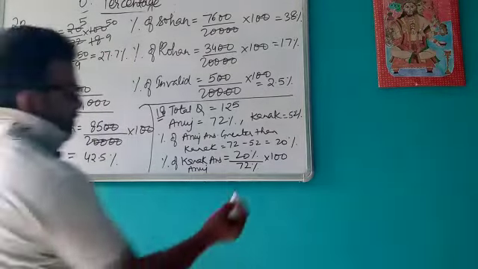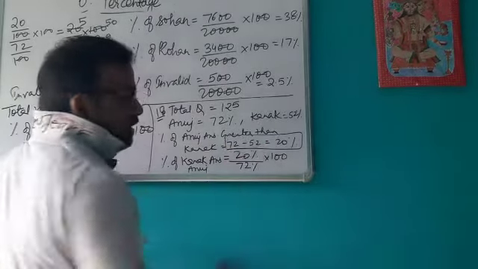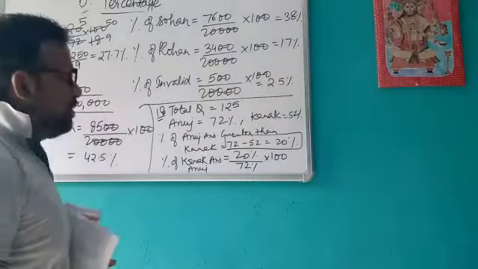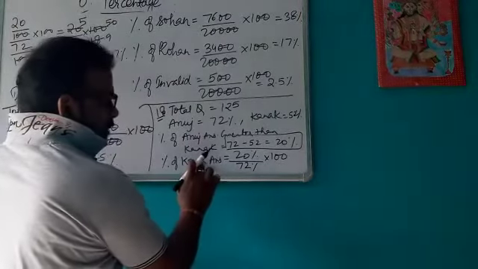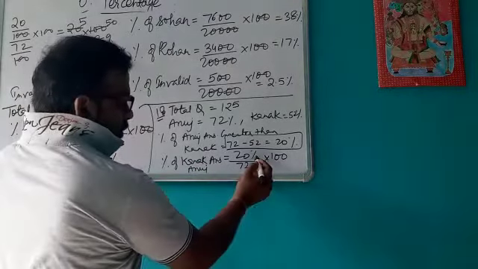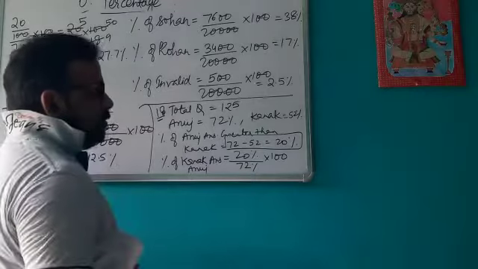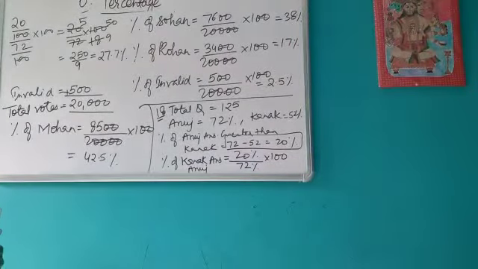Okay, so we have calculated how much was the increase in Anuj's right answers with respect to Kanak. This is 20%. Then we have to calculate the percentage of Kanak's answers with respect to Anuj's answers. So we have just put 20% upon 72% into 100. Then when you calculate, you will get this answer, 27.7%.